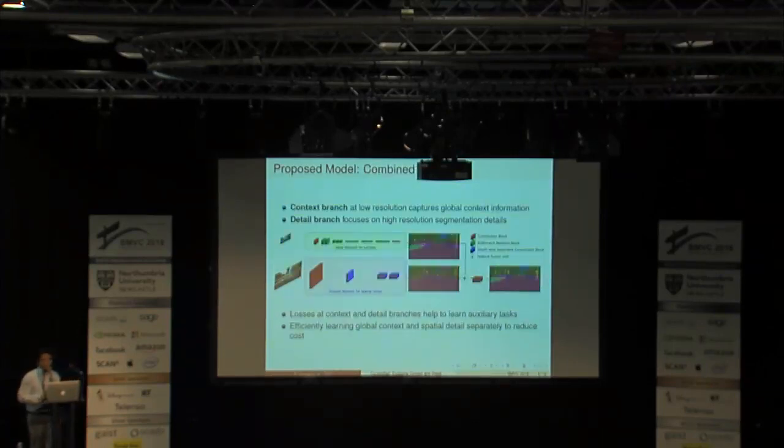And together, we merge, we add the features. It's just a visualization of the branch. I'll tell you later. We just add these 2 features together, and we learn an end-to-end model. So the benefit of this is we reduce the computational cost a lot. I'll come to that later.